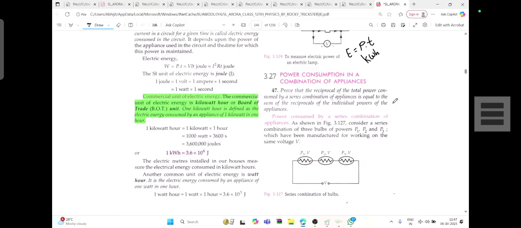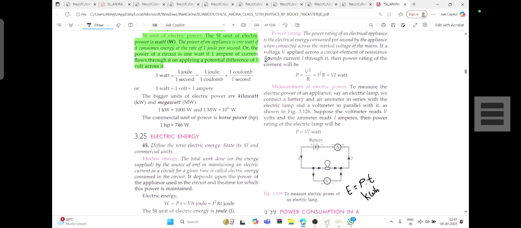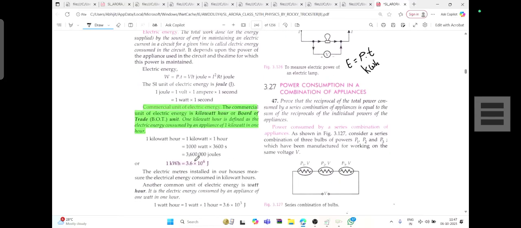So 1 kilowatt hour means 3.6 into 10 to the power 6 joules. Okay, am I clear? I think I'm clear very well.